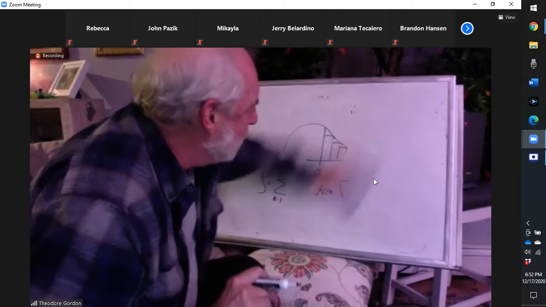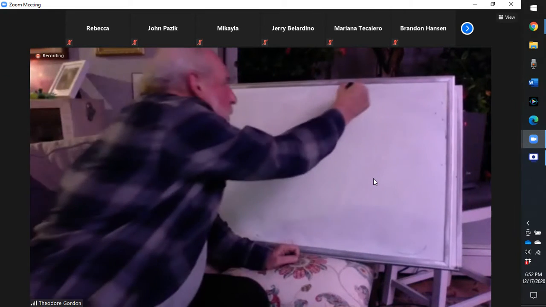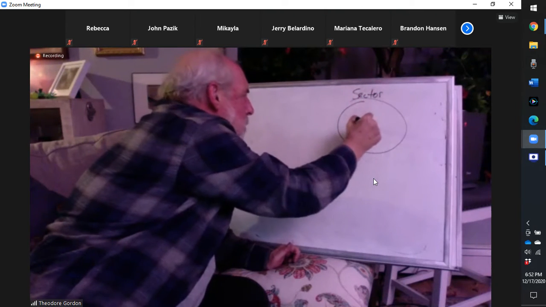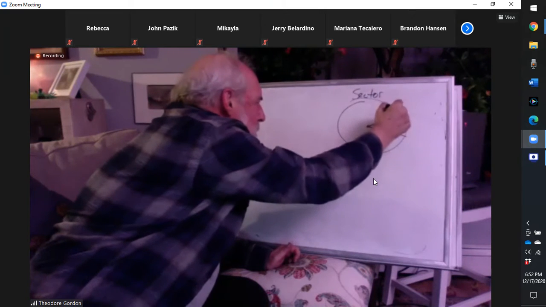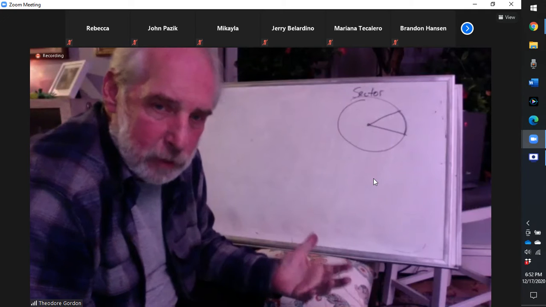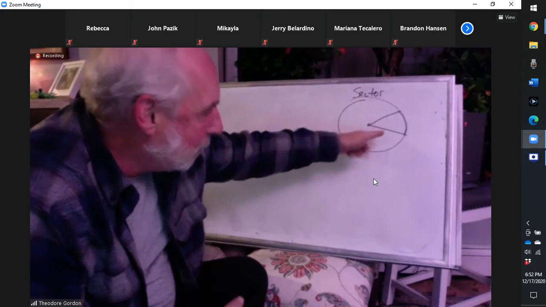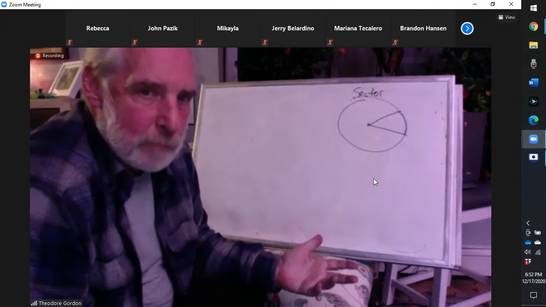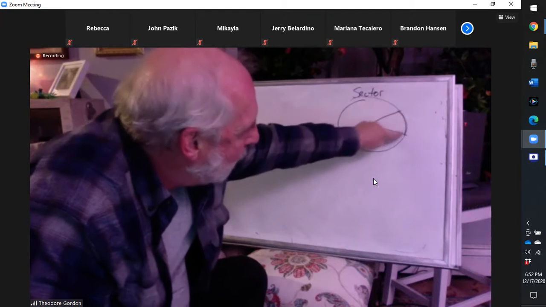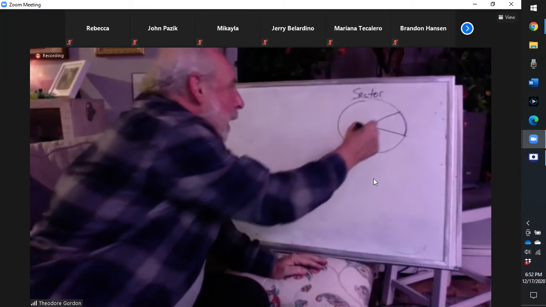So a sector, that's a sector. It's a section of a circle with a point on here. Think of a pizza pie slice. A sector looks like a slice of pizza. It's a chunk of a circle starting at the center and going out and having that curved edge of the pizza crust. And so we have an angle.